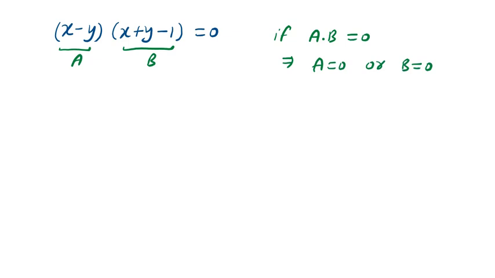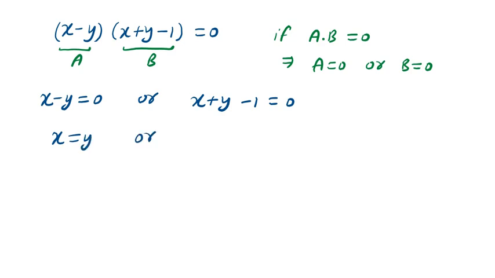According to this rule we can write x minus y is equals to 0 or x plus y minus 1 is equals to 0. Now if x minus y is equals to 0, then x is equals to y, or if x plus y minus 1 is equals to 0, this implies x plus y is equals to 1. We have two cases. Let us consider this is case first and this is case second.